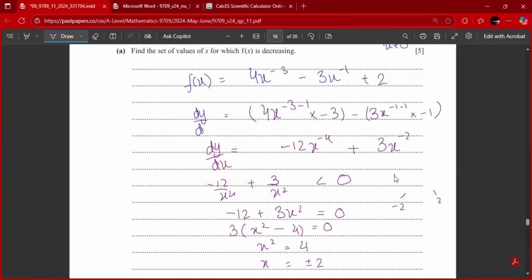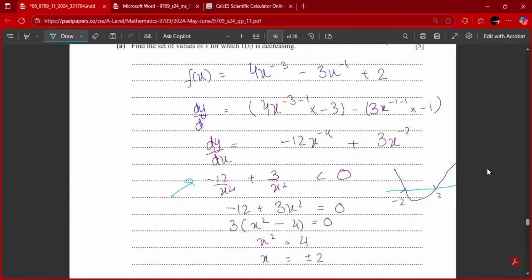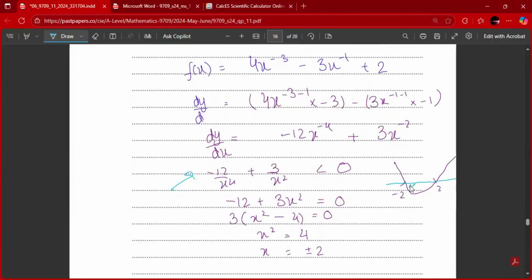How are we supposed to understand which part of the curve? Let's draw the curve. Okay, it's not a perfect U shape, but try to understand, guys. Let's say this is my beautiful number line. They're saying that my value of x in this part should be less than 0. Whatever values I get for y should be lesser than 0. For this, the bottom part is included.